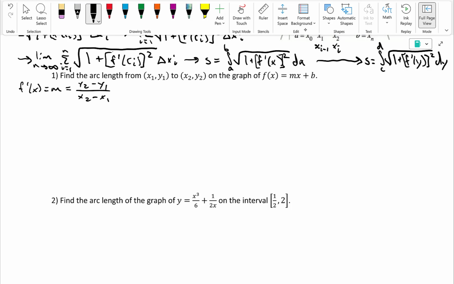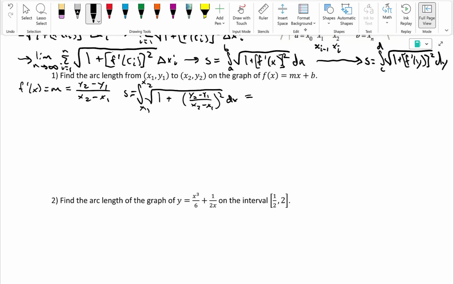So if we fill this into our integral here, we'd get that our arc length s is equal to the integral from x sub 1 to x sub 2, square root of 1 plus the slope m, f prime of x, so y sub 2 minus y sub 1 over x sub 2 minus x sub 1 squared dx.